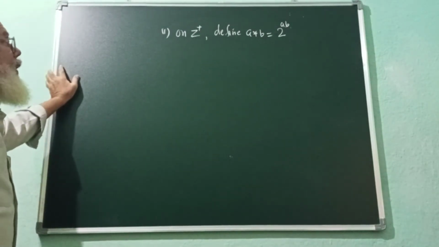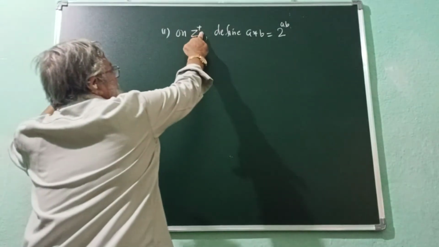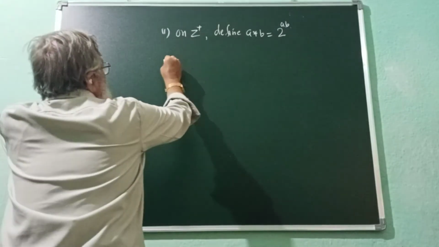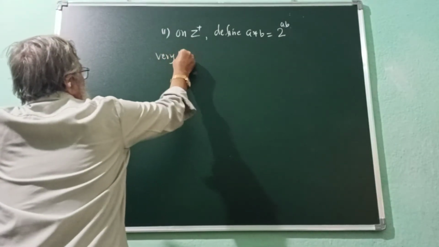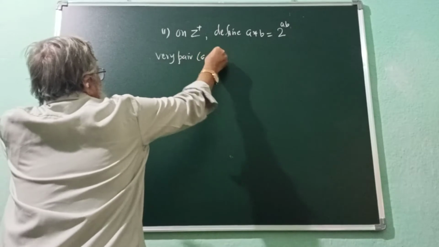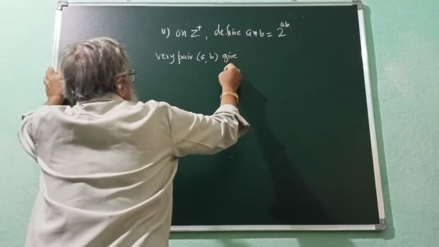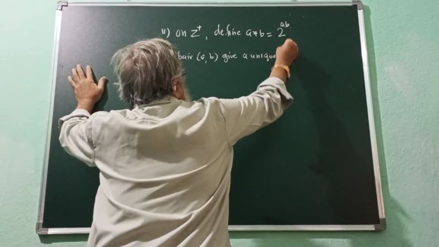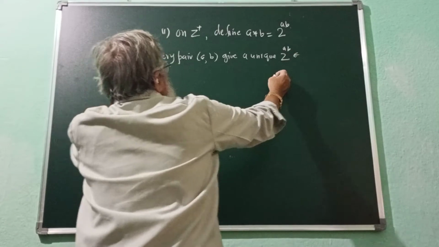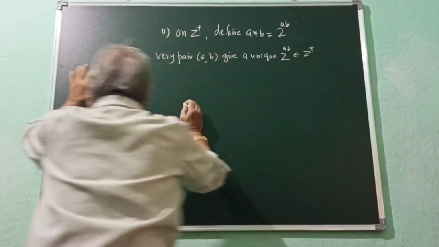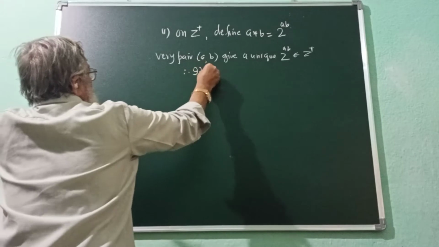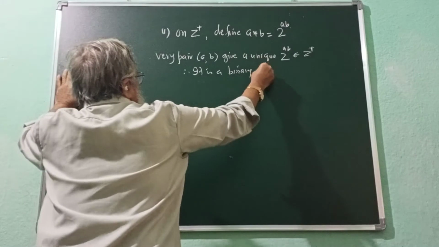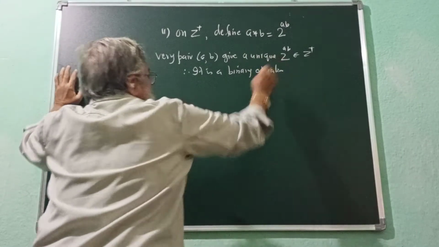Because Z plus is there, all the numbers which we have to take are positive numbers. Therefore we write every pair AB gives a unique 2 raised to AB which also belongs to Z plus. Therefore it is a binary operation.